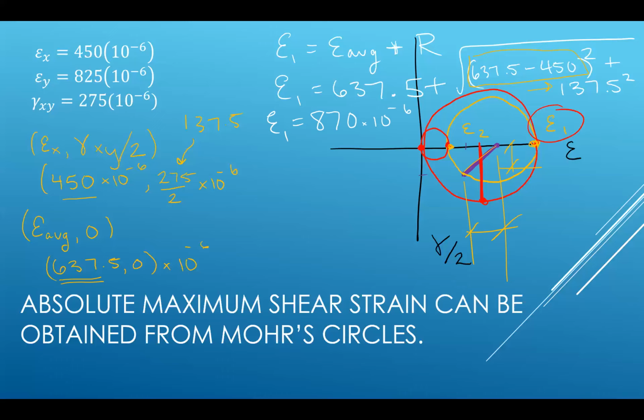And that means that our gamma absolute max over 2 is equal to, I'm running out of space here, where can we put this? Equal to 870 times 10 to the negative 6 divided by 2.